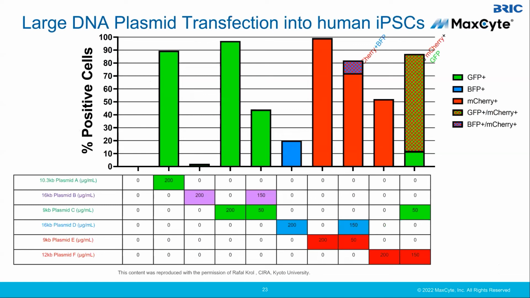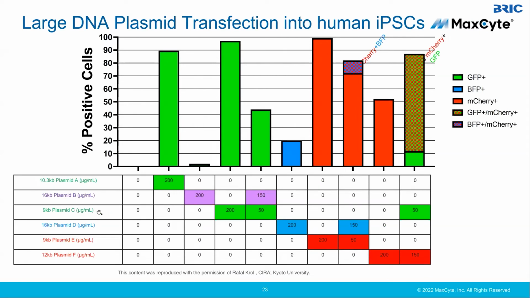The next slide here, it's an interesting slide where we're looking at the co-delivery of either large plasmids of 16 or 12 kb with about a 9 kb plasmid. And basically, you can see from the 10.3 kb plasmid, that's kind of MaxCyte's control, you can get like 90% expression.